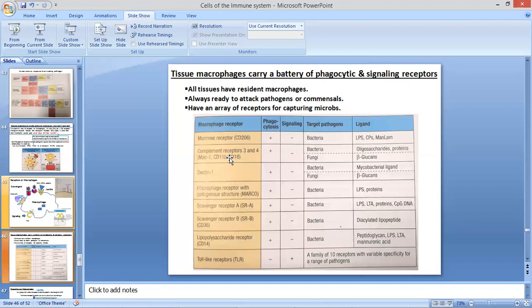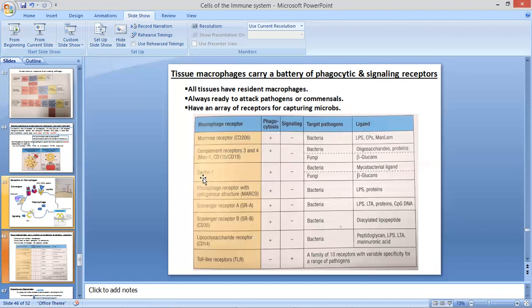Similar is the case with complement receptors. They also help with opsonization or phagocytosis of bacteria and fungi, because the complement receptors bind not only complements but also other oligosaccharides, proteins, and beta glucans, which are part of the bacterial and fungal membranes.